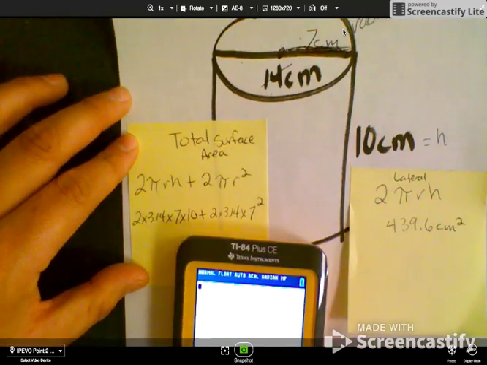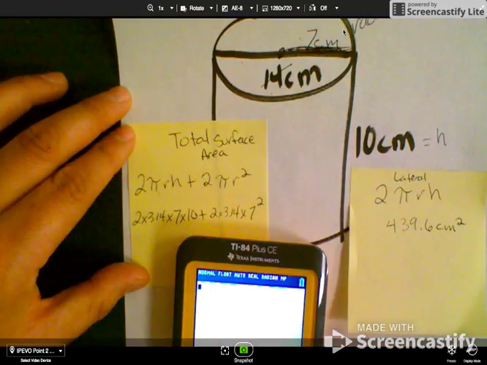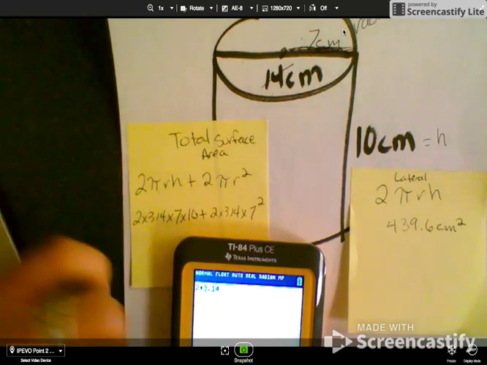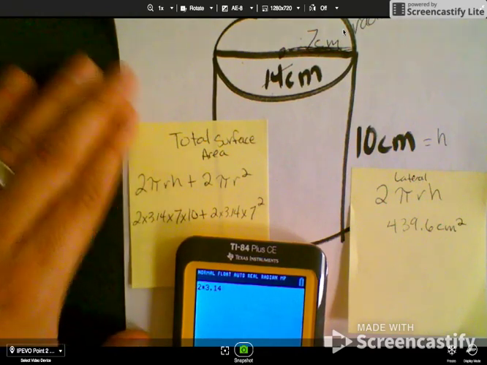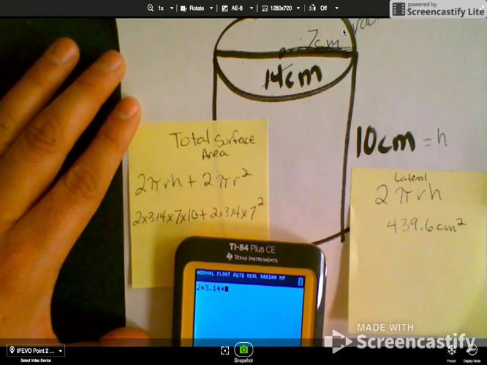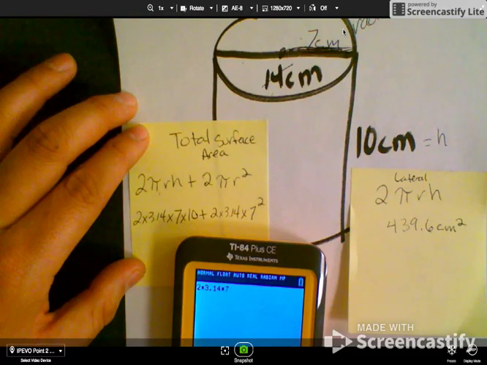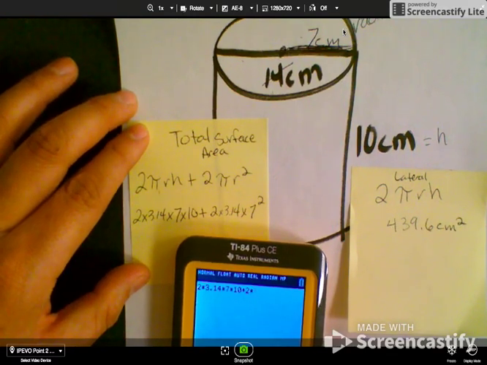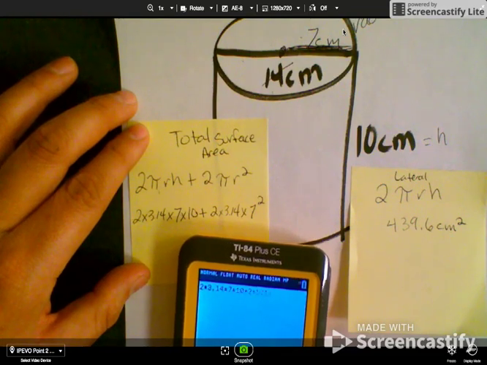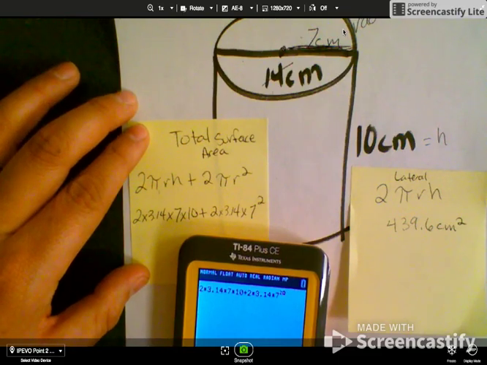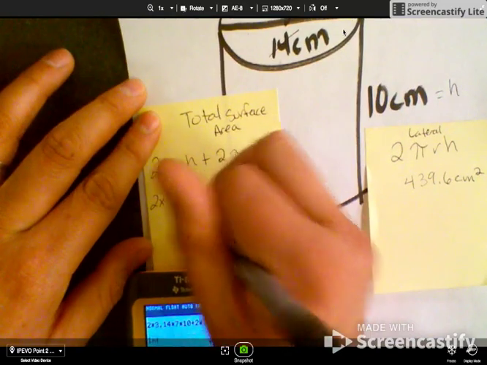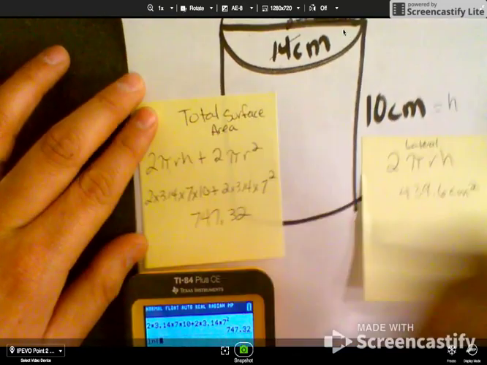I plug it into the calculator just the way it's written: 2 times 3.14 times 7 times 10 plus 2 times 3.14 times radius squared, which is 7 to the little power 2. You press enter, and that gives us 747.32.